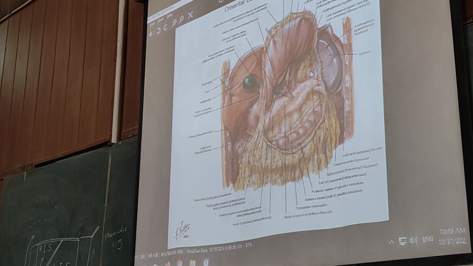In the lieno-renal ligament, we have some important elements. Look here, this is the tail of the pancreas. This one is the splenic artery and vein. Splenic vessels, they are important elements. It means you cannot cut this ligament with a catheter or knife, because inside we have the pancreas and the vessels of the spleen.